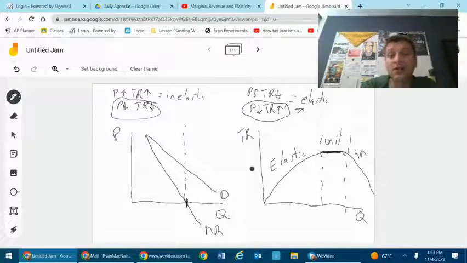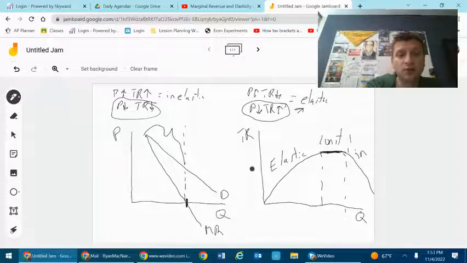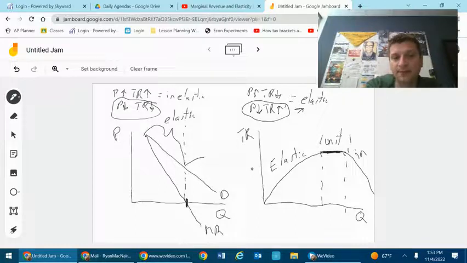So all quantities to the left of that need to be elastic. So this whole part of the demand curve is elastic. Then we have unit elastic where marginal revenue is equal to 0, and inelastic for every quantity to the right of that. So this part is inelastic.